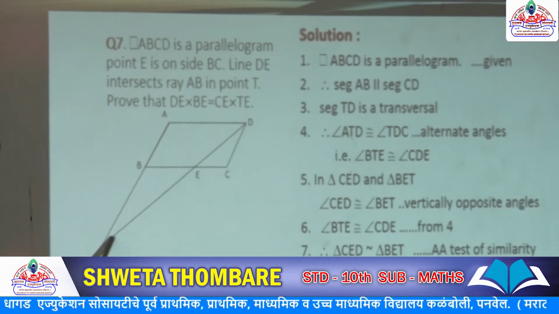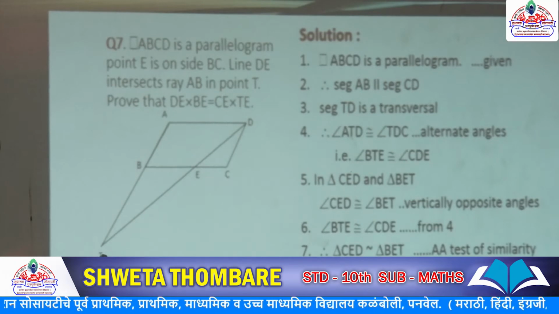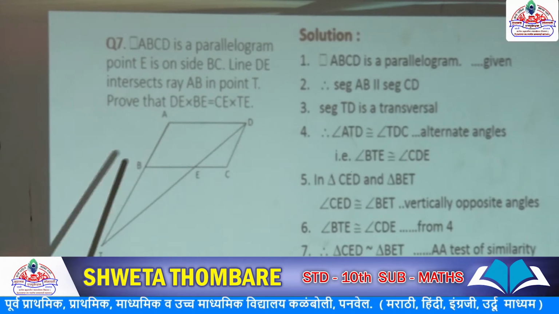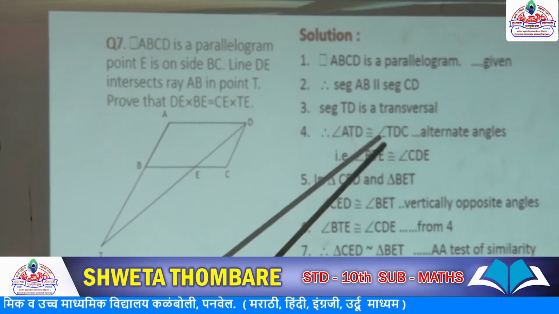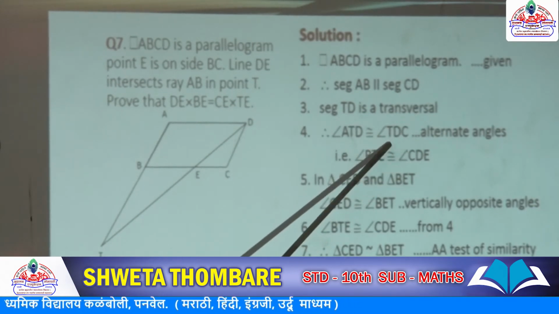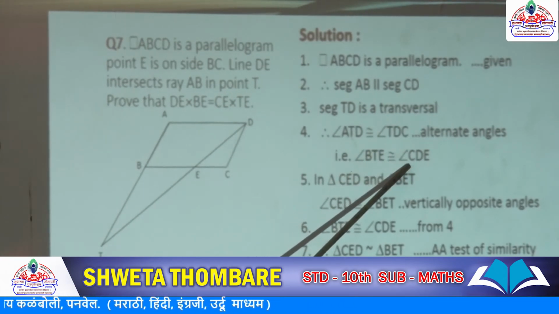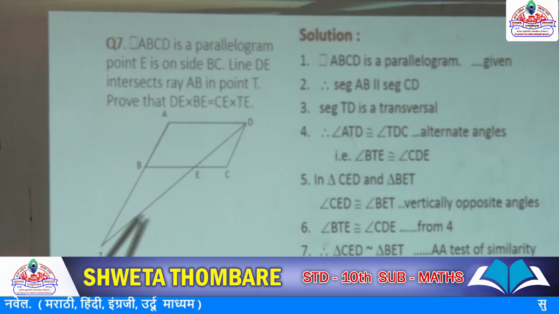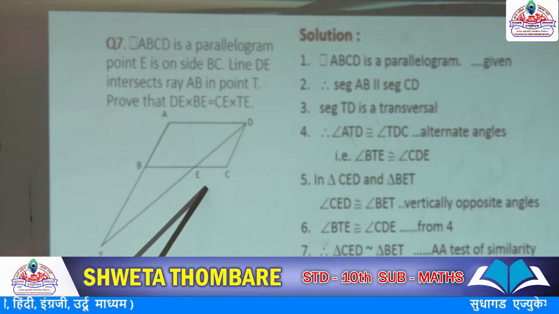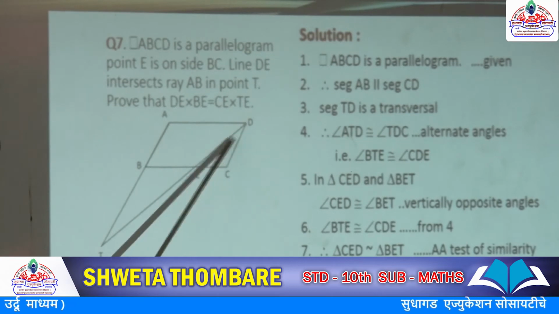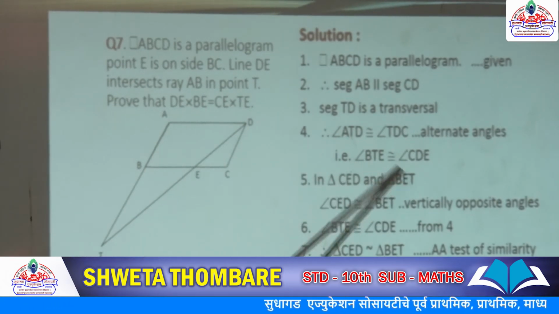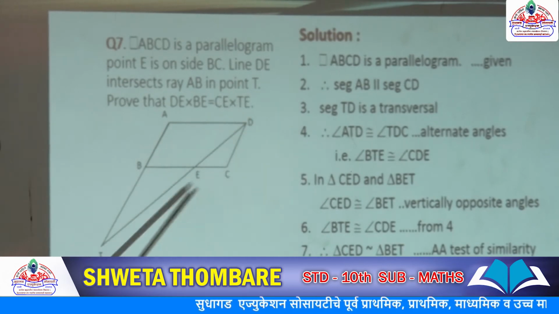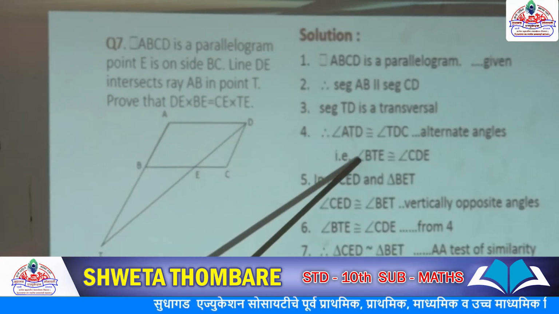So because here also these 3 points are collinear, our angle remains the same, just we replace these 2 vertices. Okay, so here also, instead of TDC we can write angle CDE. See here, instead of TDC we can write CDE, just we replace this T by E. Okay, so in this way we showed one pair of angles congruent.